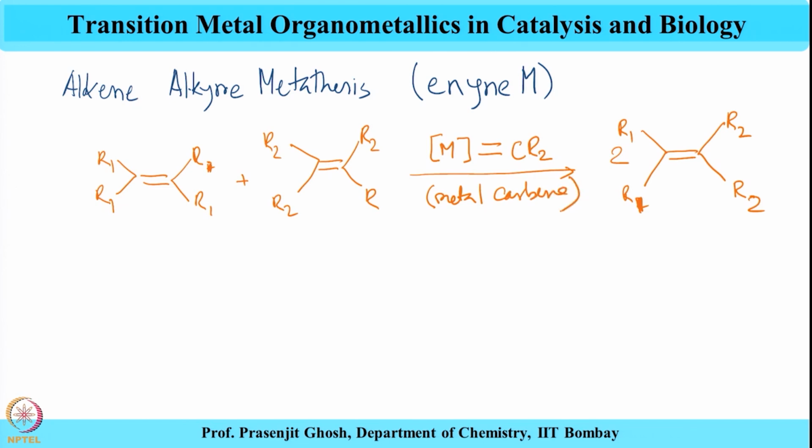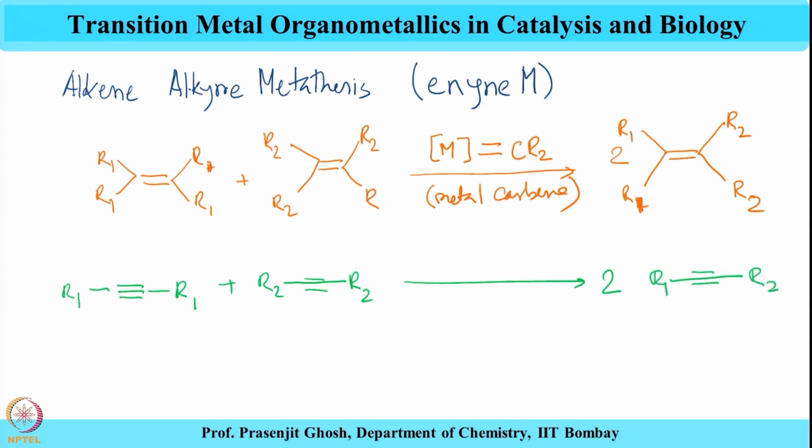Now, the alkyne metathesis is also a similar kind of reaction, and it involves two types of alkynes giving two of the mixed alkyne, and the catalyst is a metal carbene catalyst.